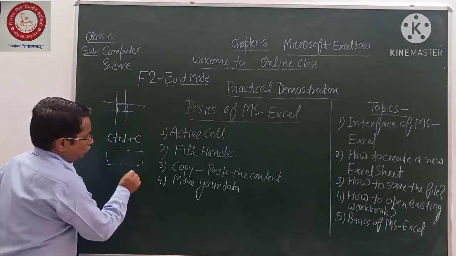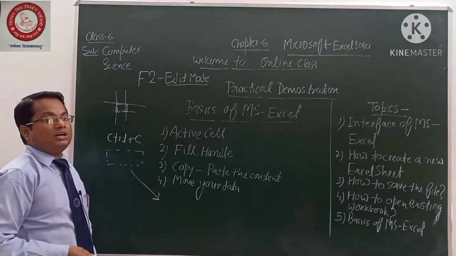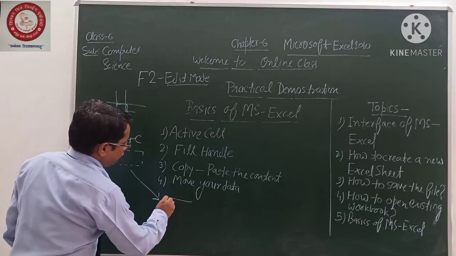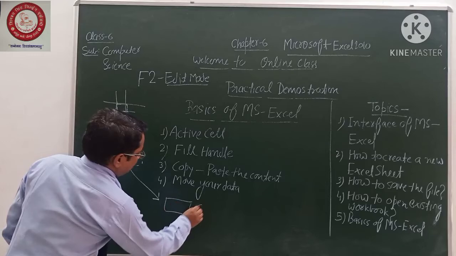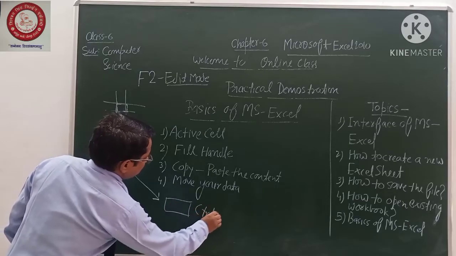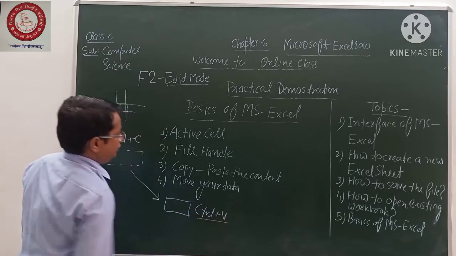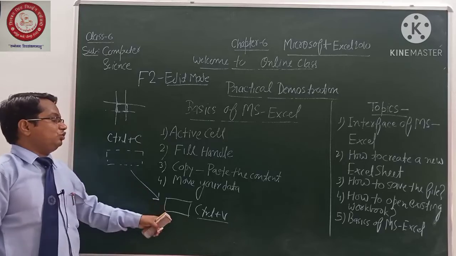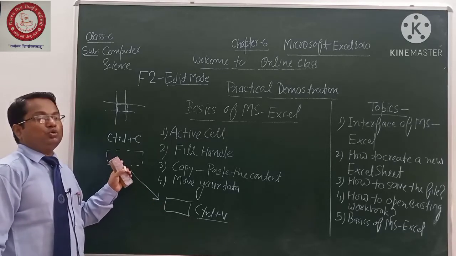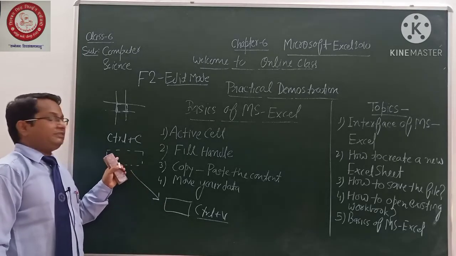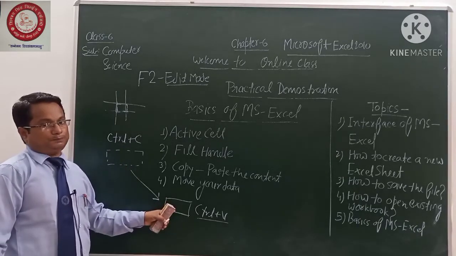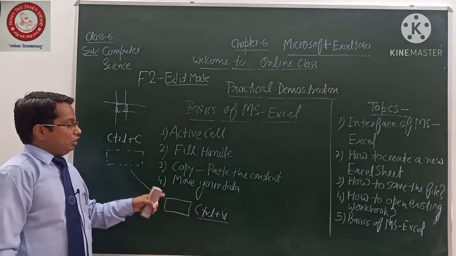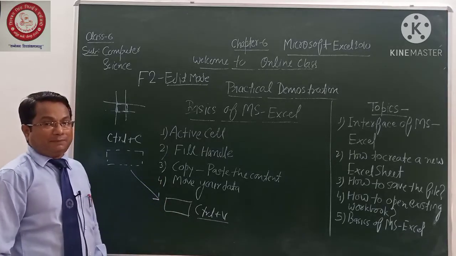Now go to the new place and just press Ctrl V. After pressing Ctrl V, the data has a duplicate copy. Whatever content is available here is also available at this place. Clear?